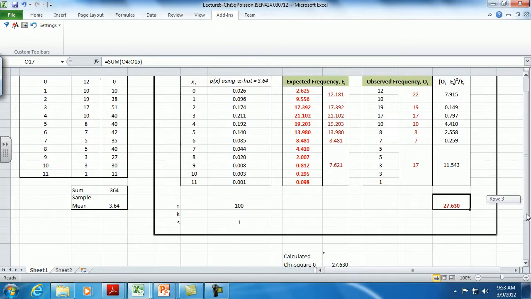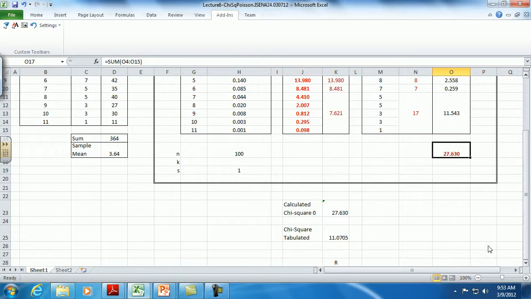Okay? And using that information, so you have the chi-square observed, you can look at the table and get the tabulated value for the chi-square. And since the observed chi-square is greater than the tabulated, then you can reject the null hypothesis.